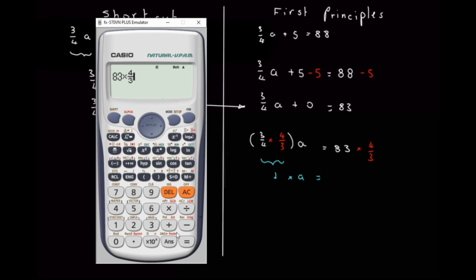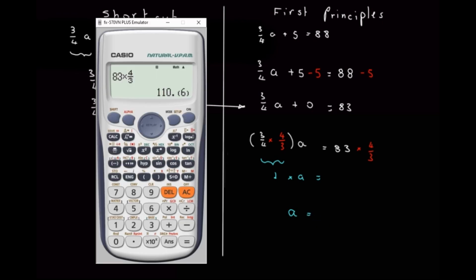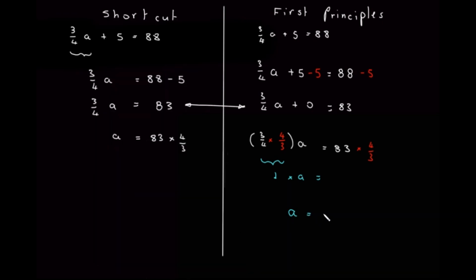Come out the fraction, we get this. My calculator, when it does that, it means the 6's go on forever. 110. So in this case, A is equal to, did I say 110? Yes. 110.6666, and they just go on forever.